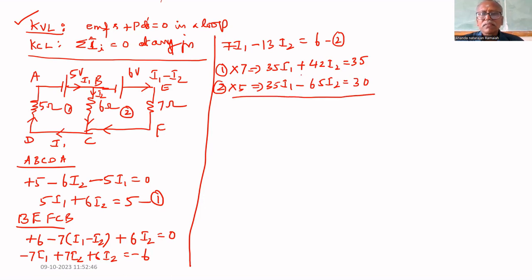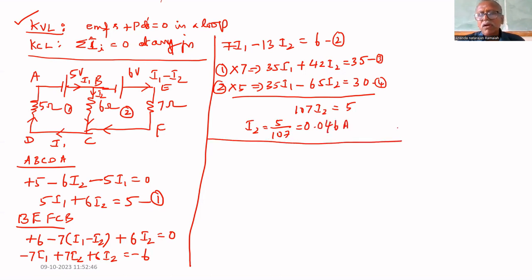This is the third equation, this is the fourth. Subtract 4 from 3, you will get these two cancelled. This becomes 107 I2 equal to 35 minus 30 equal to 5. Therefore, I2 equal to 5 divided by 107 equal to how much? 0.046 amperes. So we got it.